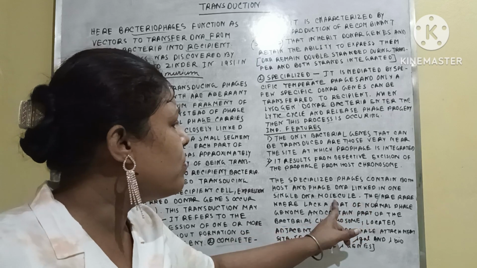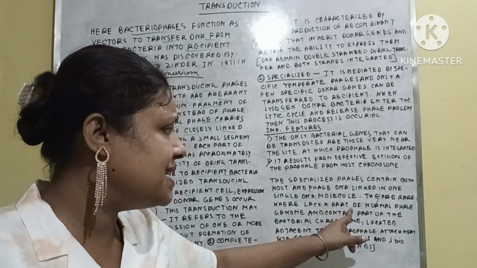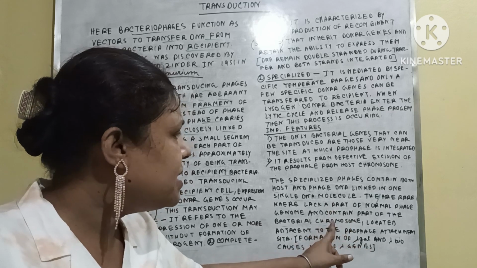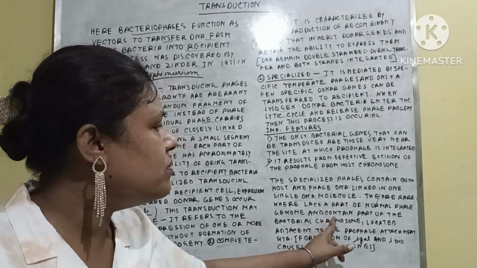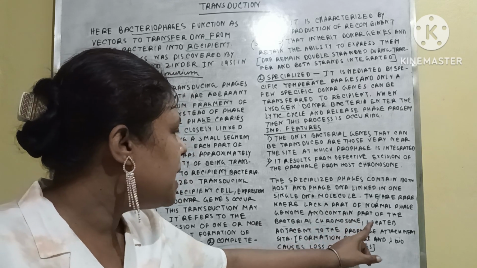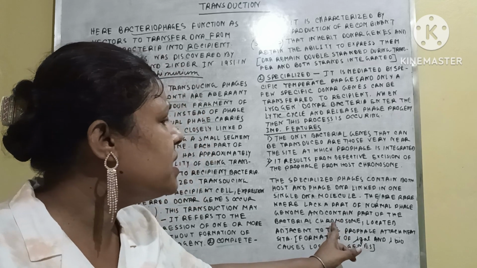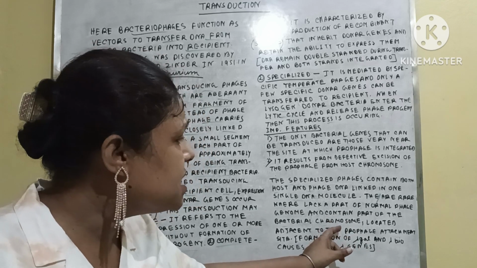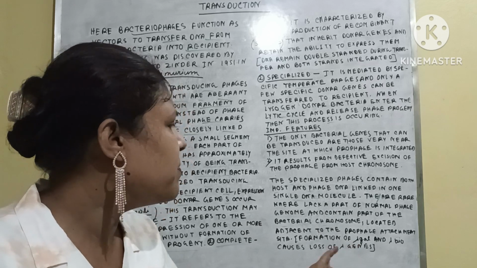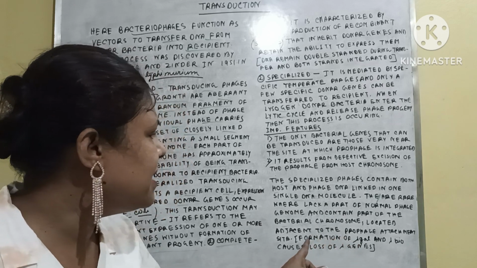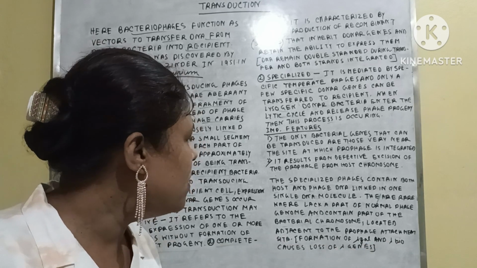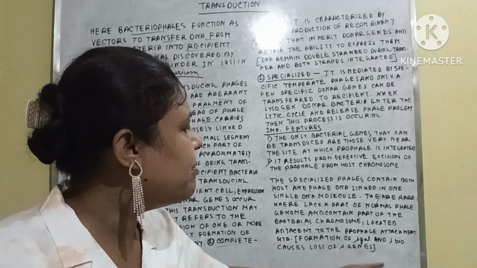The normal phage genome is absent here, but the bacterial chromosome is present, located at the site near the attachment. An example is the formation of lambda gal and lambda bio, which causes the loss of lambda genes.